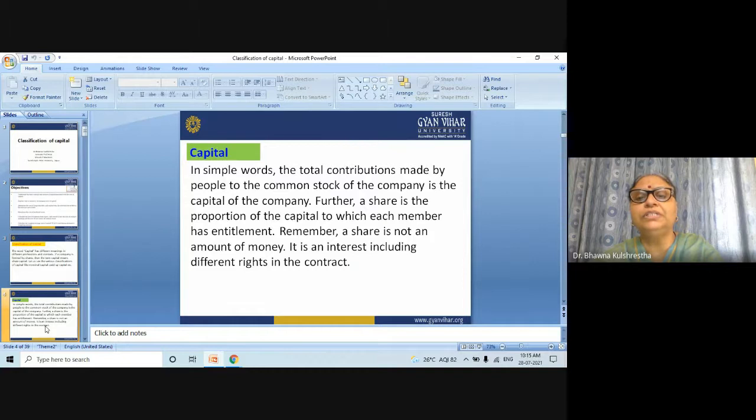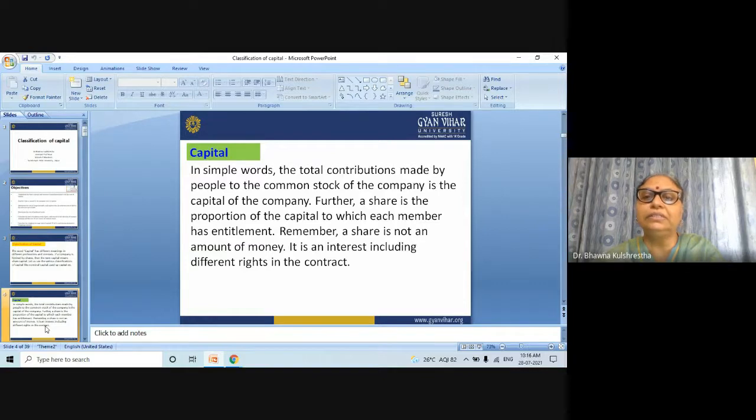Further, a share is the proportion of the capital to which each member has entitlement. Remember, a share is not an amount of money, it is an interest, including different rights in the contract.